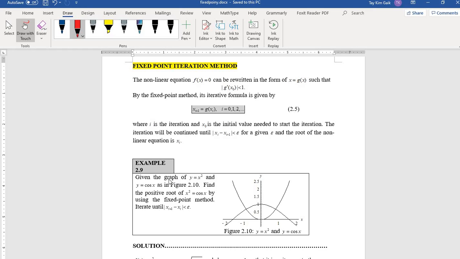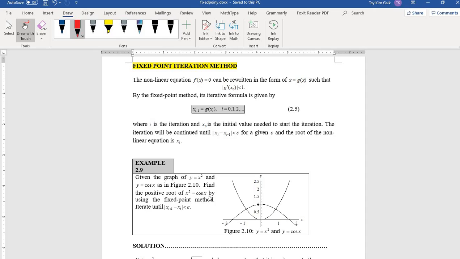For example, given the graph of y = x squared, the parabola, and y = cos x from -2 to 2, find a positive root of x squared = cos x.